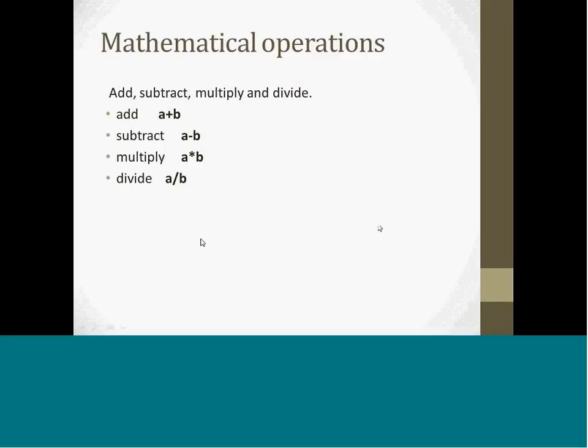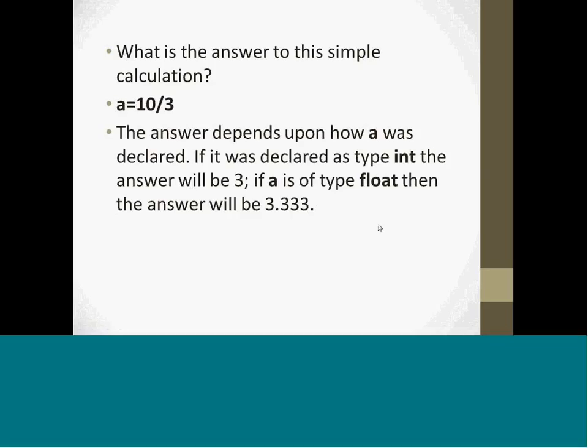And here are some simple numerical operations in C. A plus B is for addition, A minus B for subtraction, A times B for multiplication, and A divided by B for division. And I have a simple question.